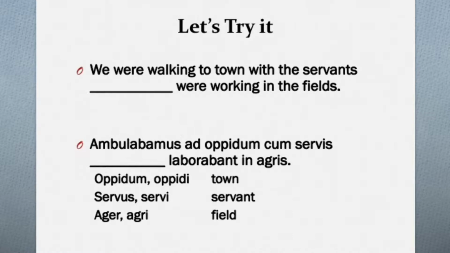Now, what is the relative pronoun doing in the clause who, whom, whose, or which were working in the fields? I said the first thing that we need to do is find the verb, which is were working. When you read who, whom, whose, or which were working in the fields, you need to ask yourself, who is doing the working?